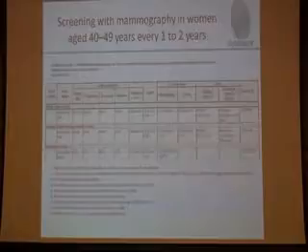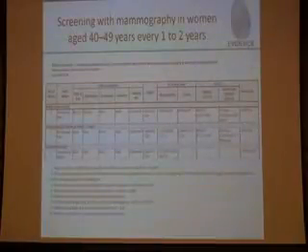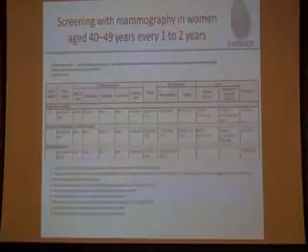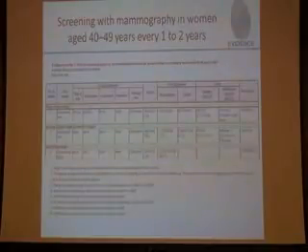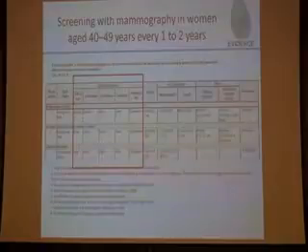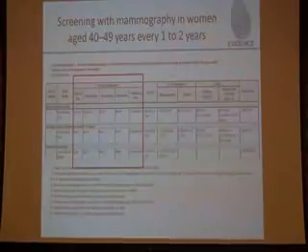Now let's go back to the recommendation. If you can read, then really you don't need the slides. But this is the recommendation about screening in women age 40 to 49, to screen every other year. So they looked at the body of evidence. On this table, you have outcomes on the rows.